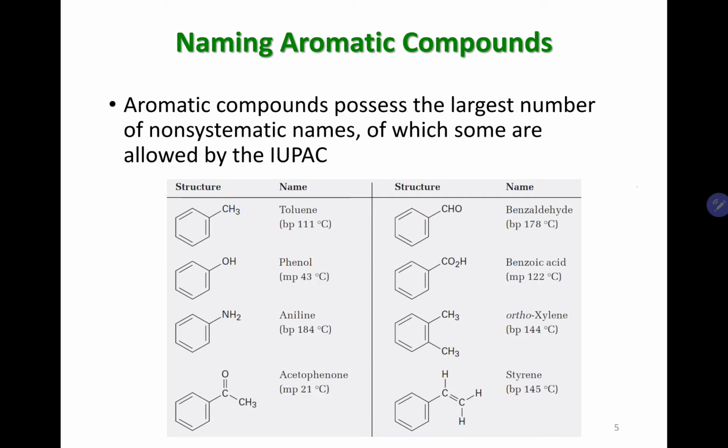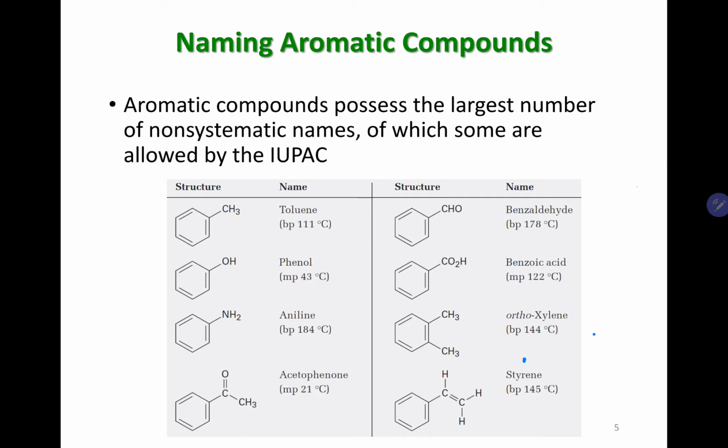If you have an alcohol group or an OH group directly attached to benzene, those compounds are known as phenols. And if you have an amine group directly attached to benzene, the non-systematic name we use is aniline.